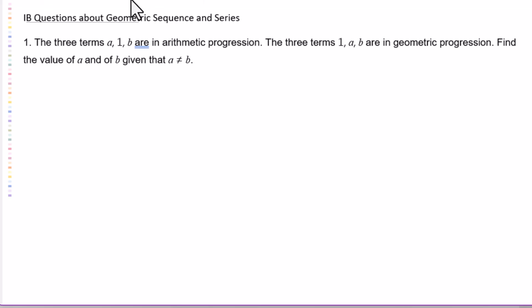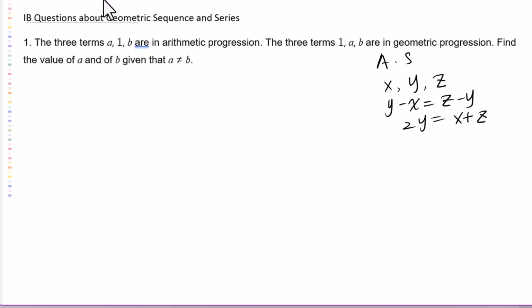This question is about consecutive arithmetic and geometric sequences. For consecutive arithmetic sequence x, y, z, since y minus x equals z minus y, we have 2y equals x plus z.